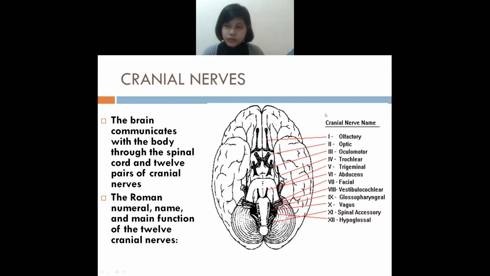So that's why you have to write it in Roman numbers. And if you write cranial nerves, you have to write it serial wise, not like olfactory nerve at the first and hypoglossal at the second. You have to write it serial wise. So we will talk about the 12 pairs of cranial nerves in the next slide.